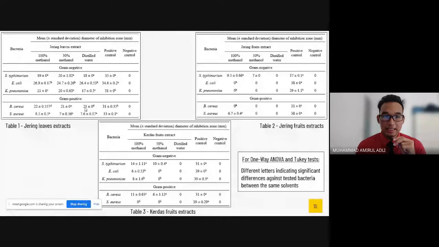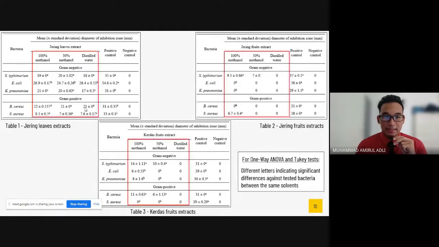And as you can see in the bacterial sensitivity test, the Jering leaves extract in table 1 showed the best inhibition zone diameter against all tested bacteria. When compared to the Jering fruit extract in table 2 and Kerdas fruit extract in table 3, the inhibition zone diameter can be seen against certain types of bacteria.